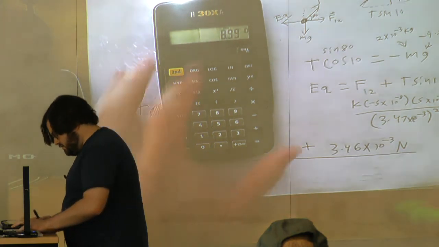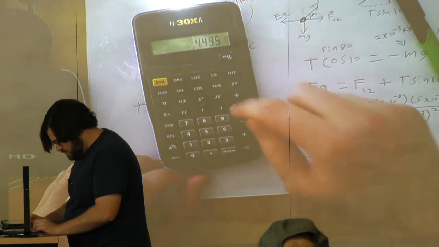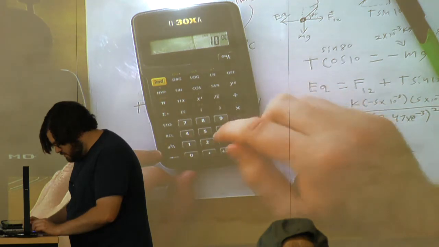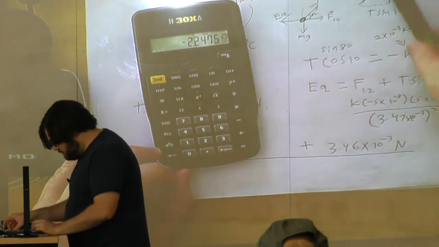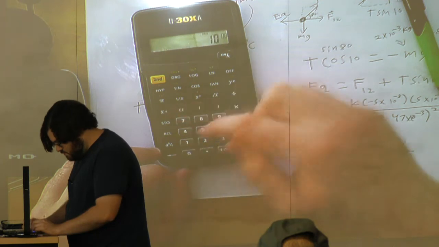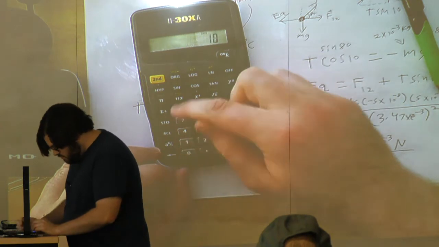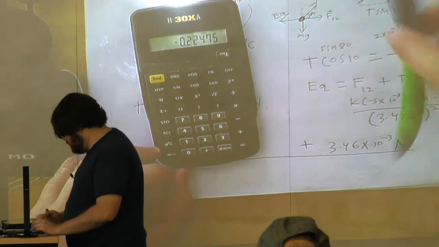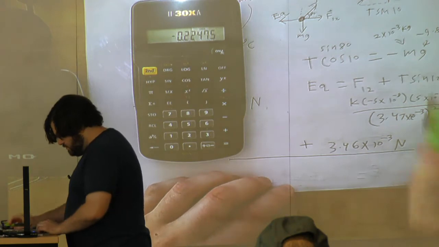All right. So k times 5 times negative 5 times 10 to the negative 16. I think I typed that in wrong. Okay, that's a little more right. And now I'm going to divide by this.